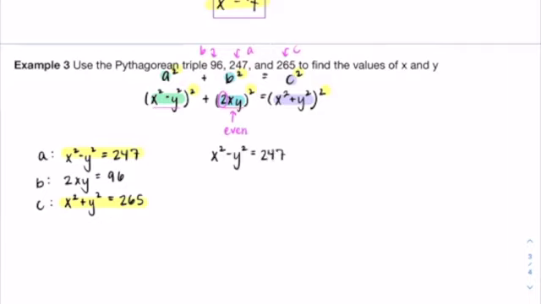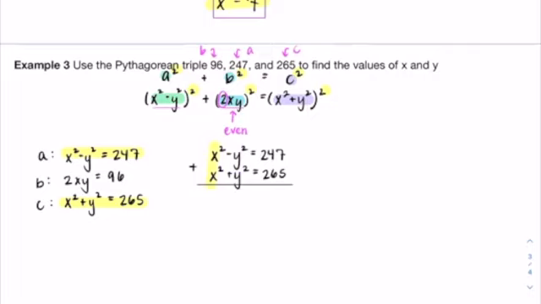And then what was my third equation? So x squared plus y squared equals 265. And then for elimination, that's when we either add or subtract the two equations. Since these y's are opposite signs, but the same coefficient, one is positive 1 and one is negative 1, we can add the equations together. And then we just go left to right.